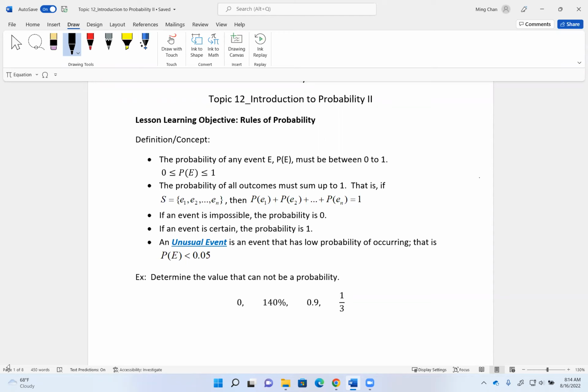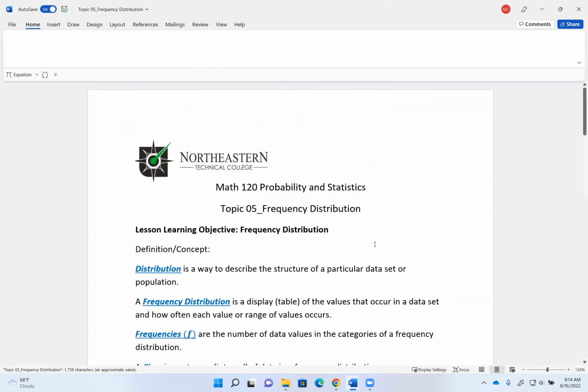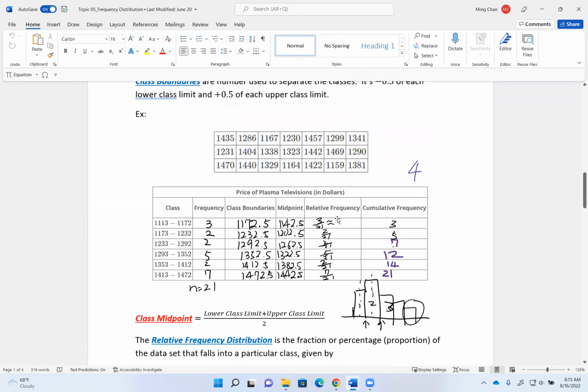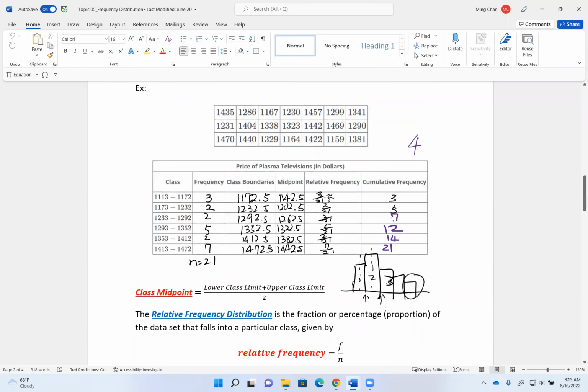We introduced relative frequency, where we count the frequency and divide by the total number. Let me bring up topic number 5 real quick. We did the frequency and the relative frequency. For the cumulative relative frequency, this will be 3 over 21, 5 over 21, 7 over 21, 12 over 21, 14 over 21, and 21 out of 21.